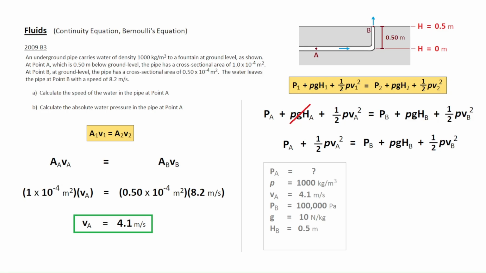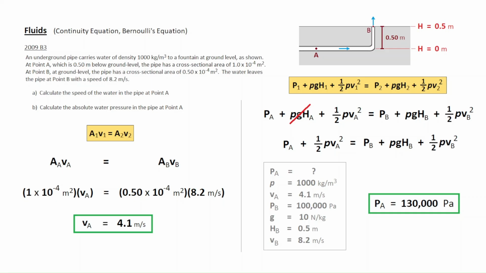The height of position B, again, is 0.5 meters above our reference point. And we were given the velocity of the fluid in segment B as 8.2 meters per second. So reading across this long line, the only variable I do not have information for is the pressure at position A. Performing the calculation gives me this answer of 130,000 pascals.